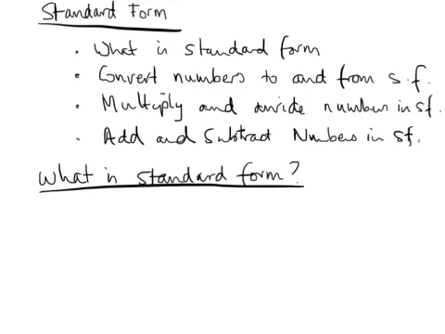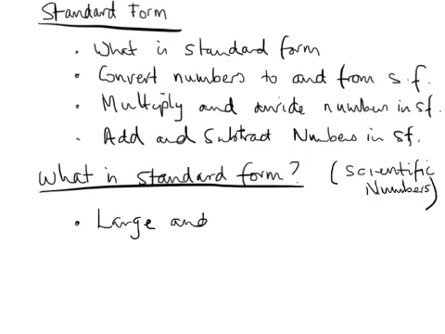Let's start off by having a look at what a standard form number is. They're also known, by the way, as scientific numbers. And they're called such because they're very useful for writing down large and small numbers.